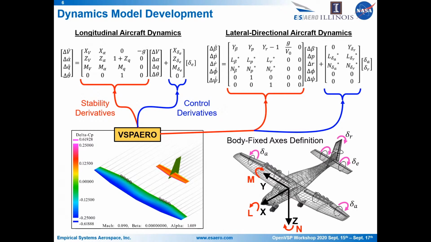We have a handful of stability and control derivatives for the baseline aircraft with control surfaces that can be estimated by use of VSPAERO and the automatic stability calculation subroutine within it. And for reference, I also provide our axis system, which will be relevant to keep in mind for later for positive forces, moments, and control surface deflections.